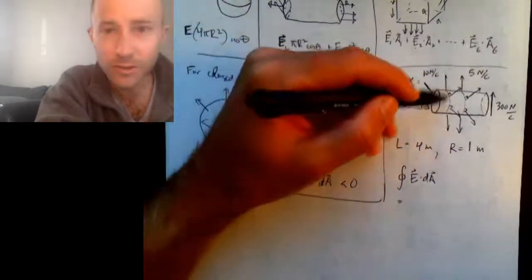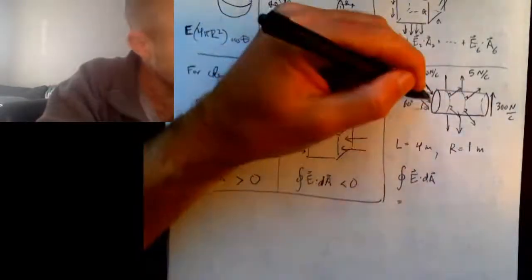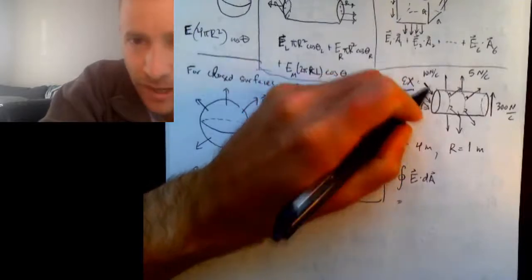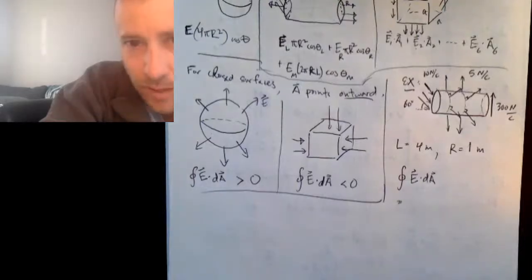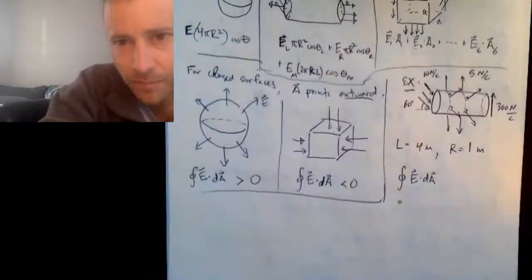Because the electric field is going out through the surface. And then for the left cap, the flux is going to be negative because this electric field is going in through the left end cap.